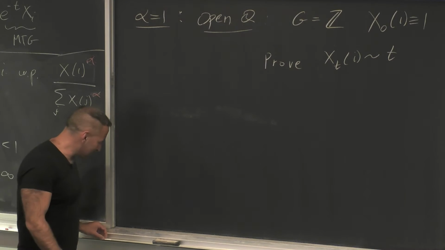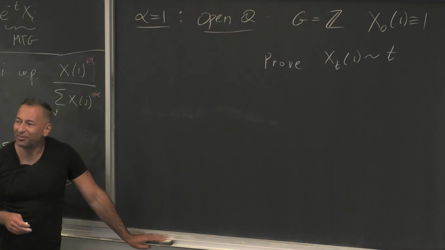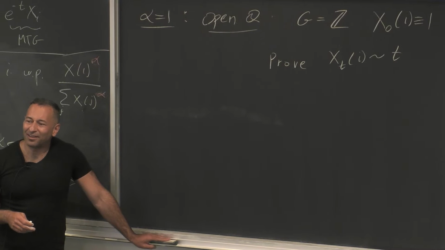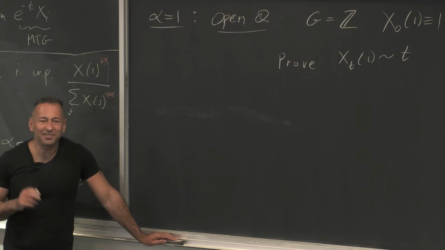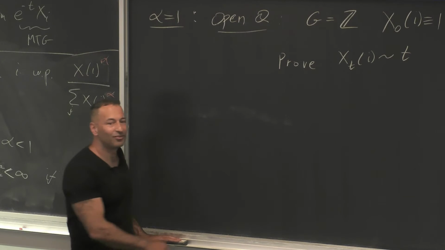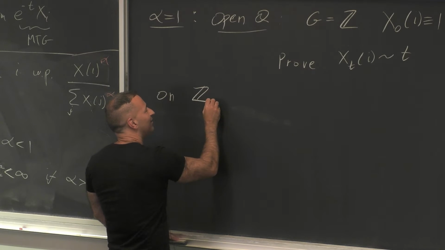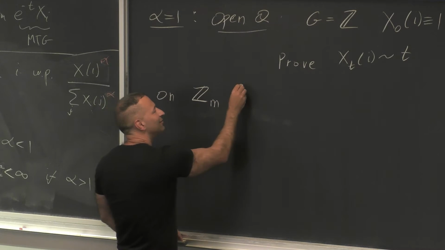If you do things on a cycle, then we do know what happens. And it turns out it depends actually on the length of the cycle, on whether it's even or odd. So let's use Z_m for the cycle.